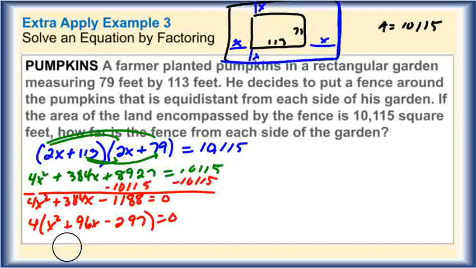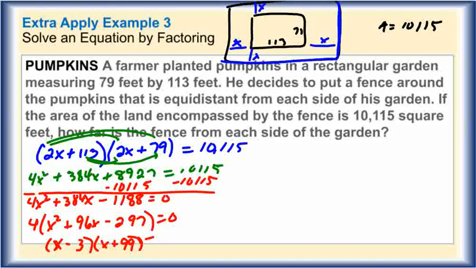So I have to think, what do I multiply to get negative 297 and add them together gives you negative 96? So if I were to do, let's just say a negative 3 and a positive 96, or not 96, 99, 99 times negative 3 is negative 297.